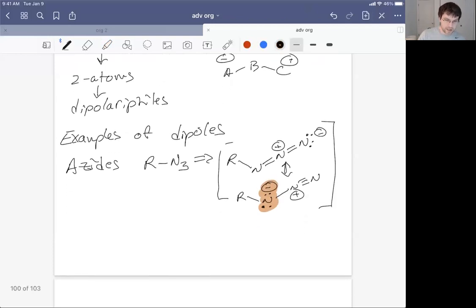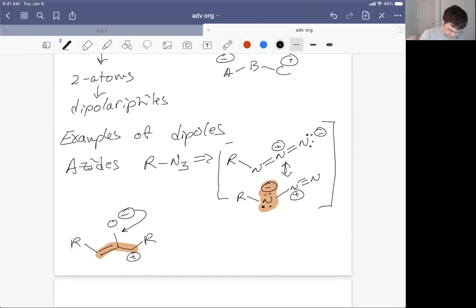We actually looked at this sort of dipole previously from a cyclohexanone. So we have a plus minus. Now that doesn't seem to be between the 3 carbon atoms, but all we have to do is consider a resonance structure of this.